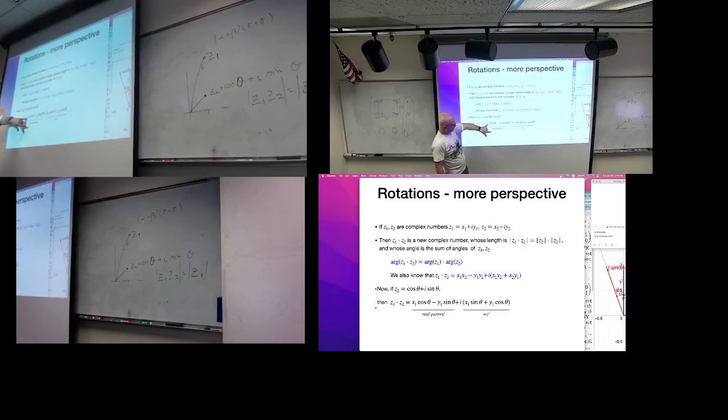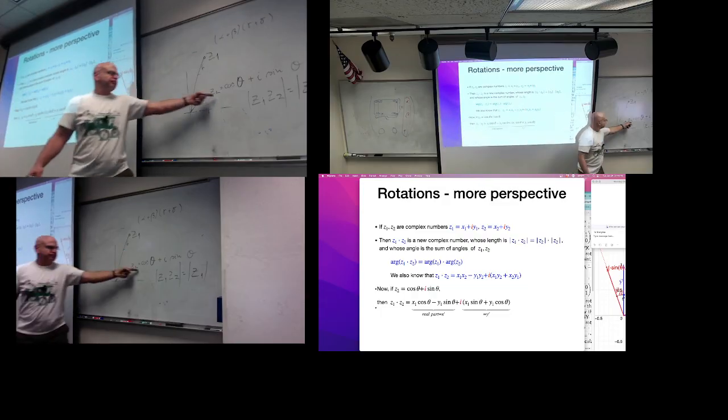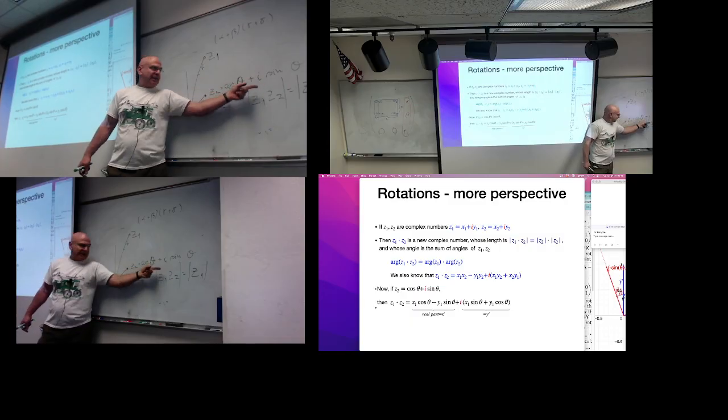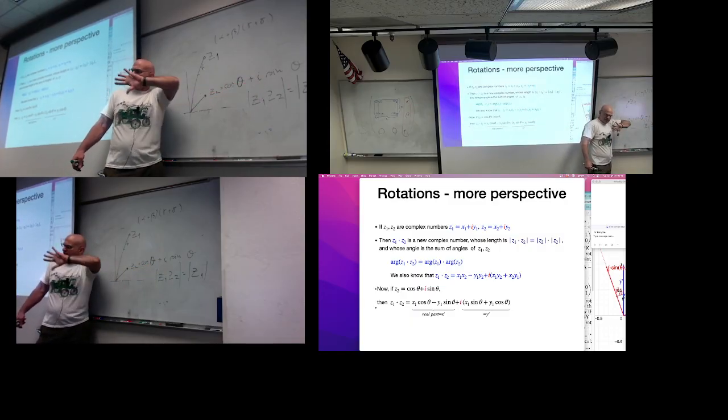The x coordinate of Z1 times the x coordinate of Z2, which is cosine theta, minus the y coordinate of Z1 times the sine theta, which is exactly what I expected. Because what am I doing by multiplying by this complex number? I rotate everything by theta.